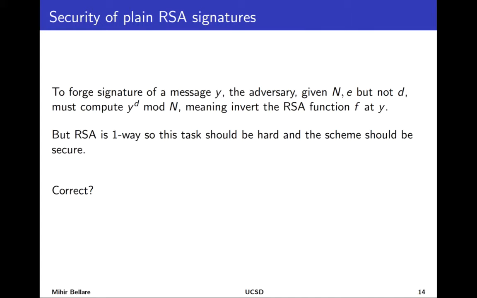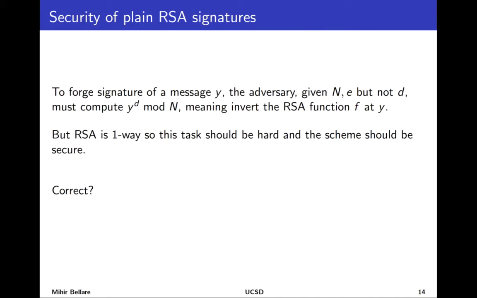And we can ask ourselves, what did they think about security in that case? Well, the way they thought about it is if you want to forge the signature of a message, call it Y, and you have the public key but not the secret key, you have to raise Y to the power D mod n, that's the signature.